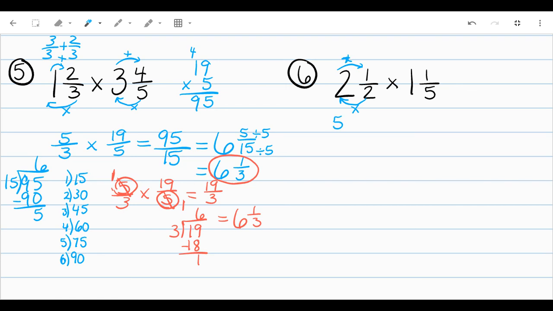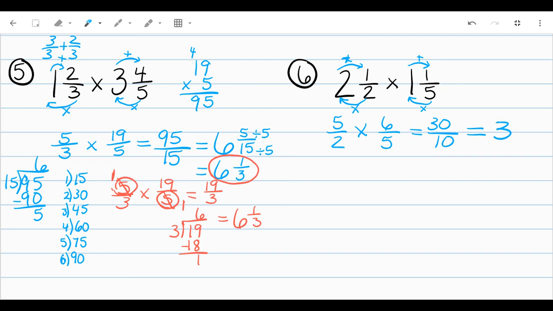So we have 5/2 times 5 times 1 is 5, plus 1 more is 6/5. All right, we've multiplied straight across. 5 times 6 is, think about it, 30. And 2 times 5 is 10.